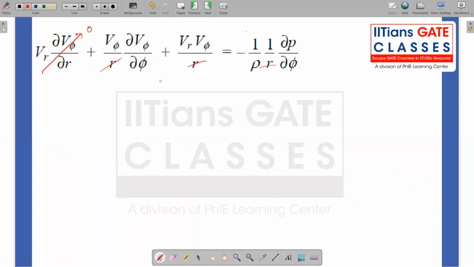So now what I am left with is V_φ times (∂V_φ/∂φ plus V_R) is equal to minus 1 divided by ρ times ∂P/∂φ.